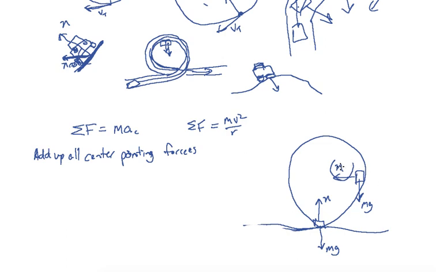So right here it'd just be N equals mv squared over r. Down here it would be N minus mg equals mv squared over r. At the top you have normal force and mg pointed down, and it would be N plus mg equals mv squared over r. Okay? So this works for everything.